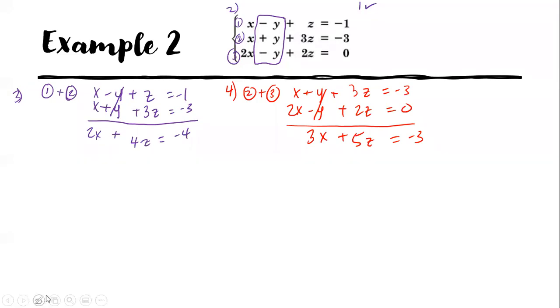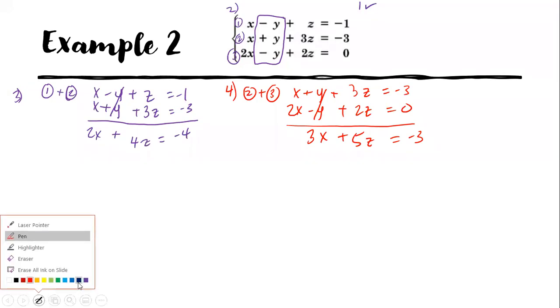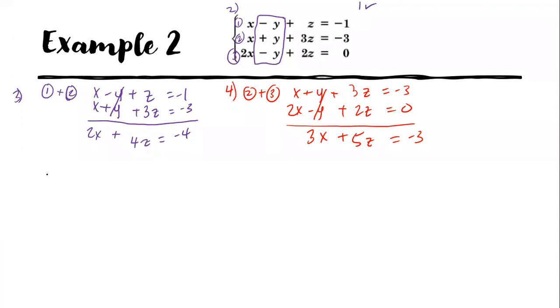With step 5, we're just going to use our previously learned elimination skills to work with linear equations. So this is just linear now because it's only 2 variables. So step 5, we have 2x plus 4z equals -4. We have 3x plus 5z equals -3.